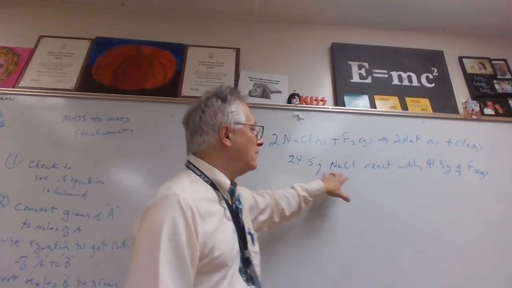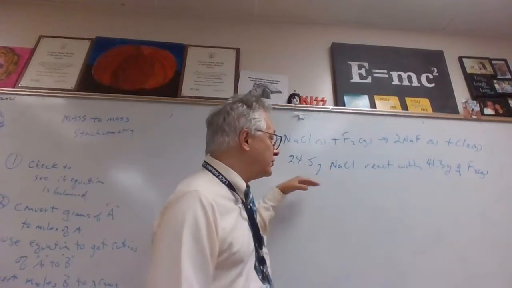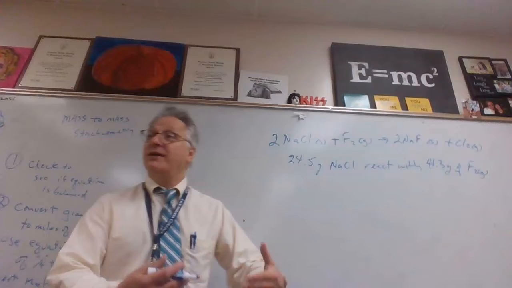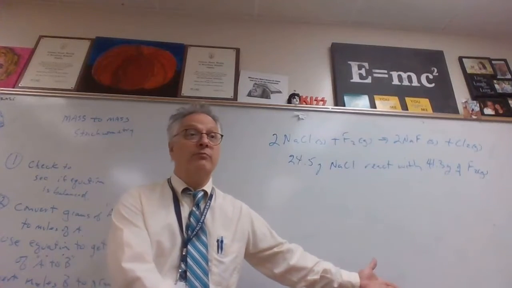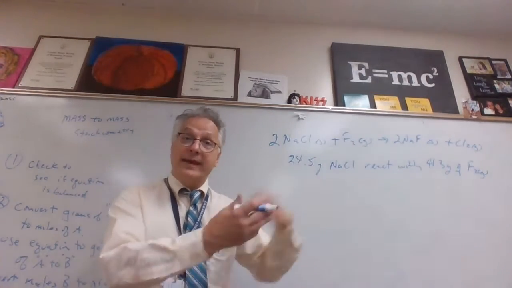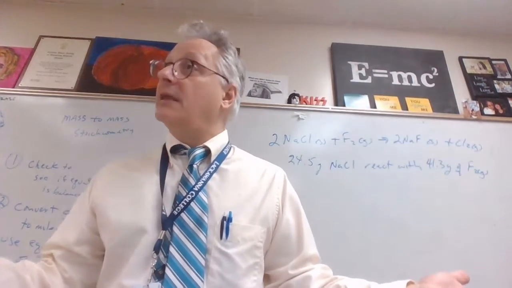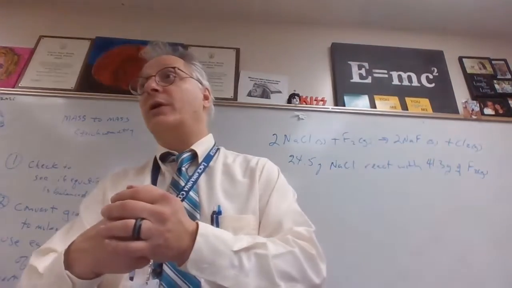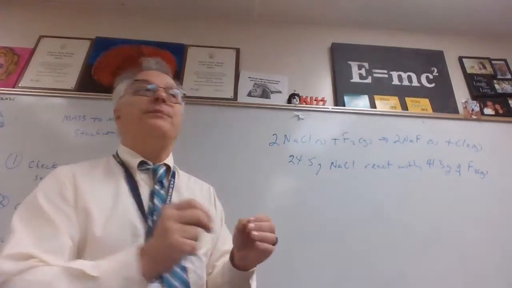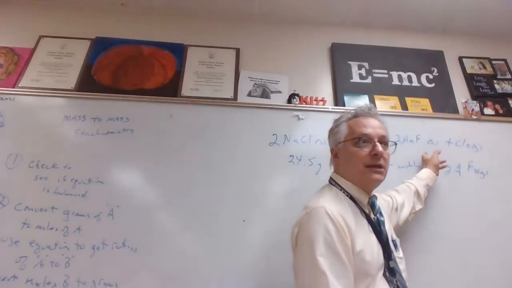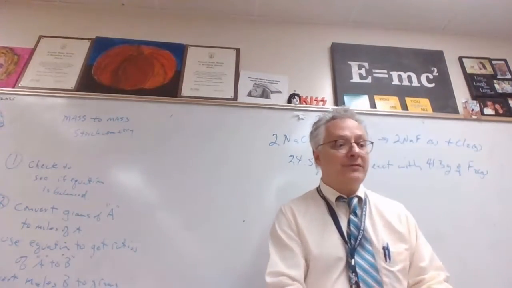Once based upon one of the reactants, and a second time based upon the other reactant, to see which gives us the smaller quantity of product. The one that gives us the smaller quantity of product by necessity is the limiting reactant. That's the one that runs out first. Because remember, you can only make as much product as you have reacted to make that product.